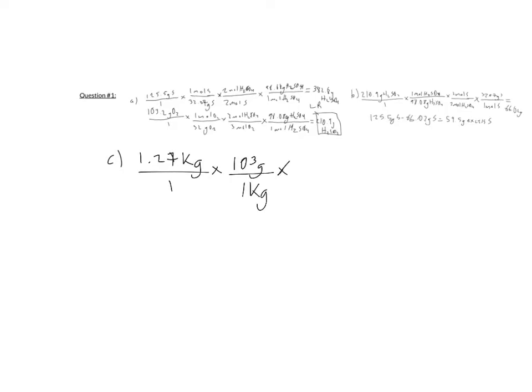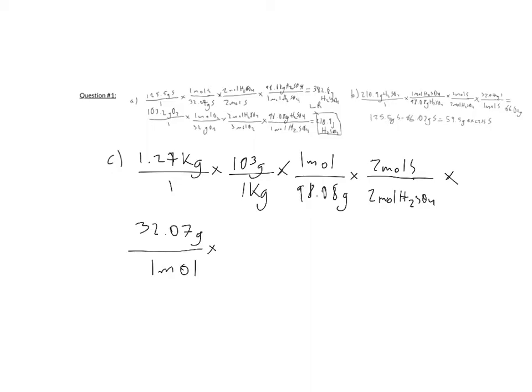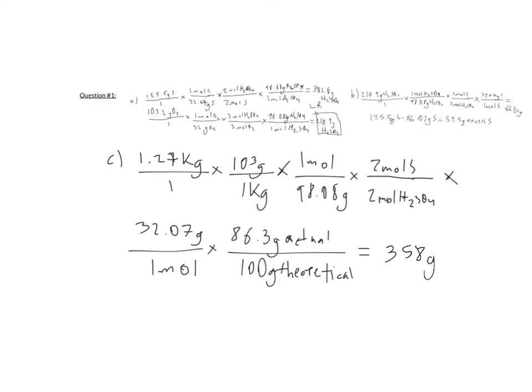Then we use the molar mass to convert from grams to moles of H2SO4, use the mole-to-mole ratio to find moles of sulfur, use the molar mass to find grams of sulfur, and then we'll use that percent, 86.3 over 100, to find our final 358 grams of sulfur.